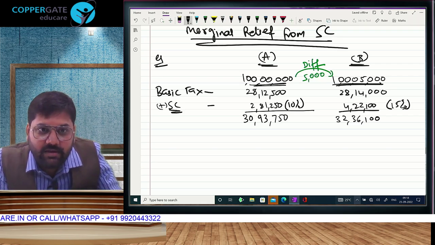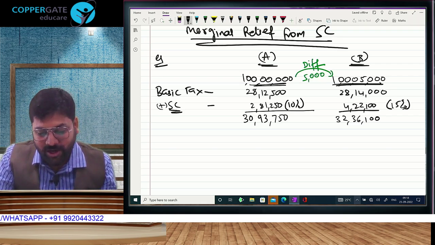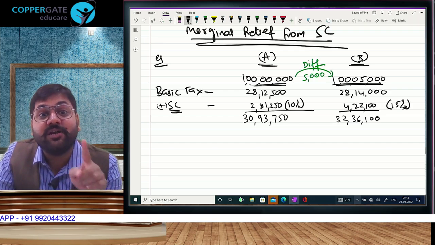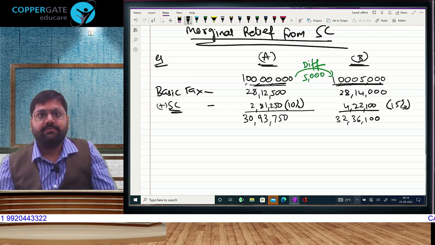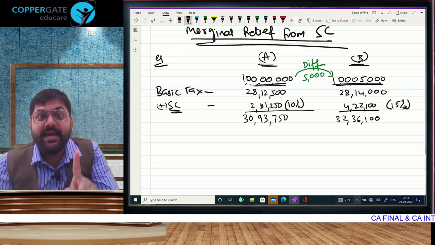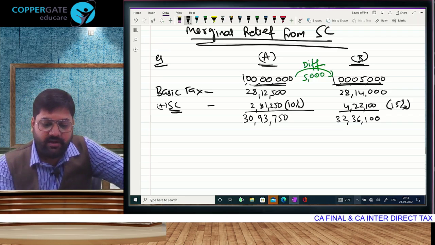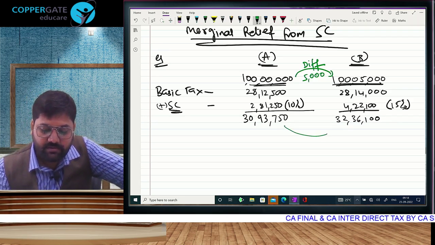All set. Now comes the concept. Till now clerical work was going on. Now comes the concept. The difference in income is how much? 5,000. B has earned 5,000 more than A. And the difference in tax is how much?